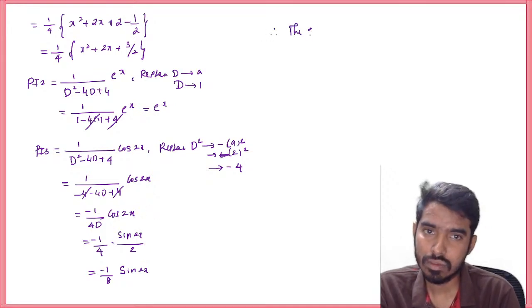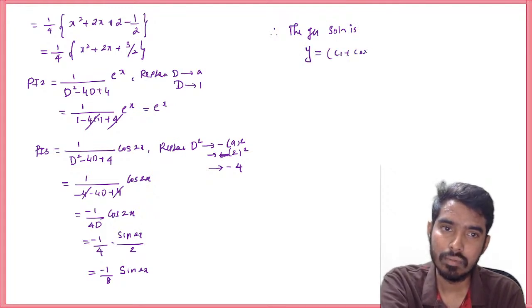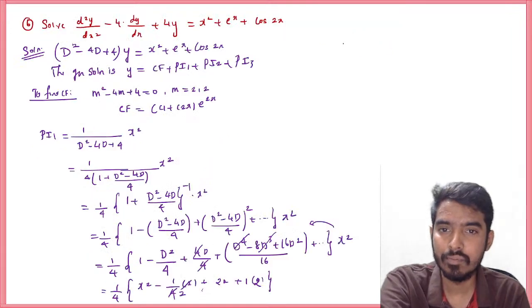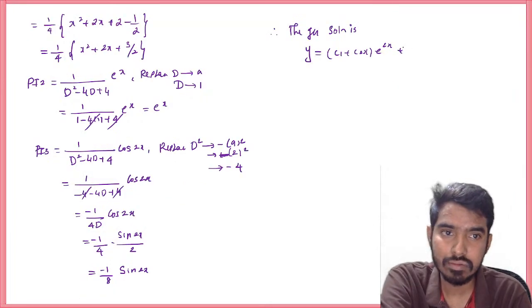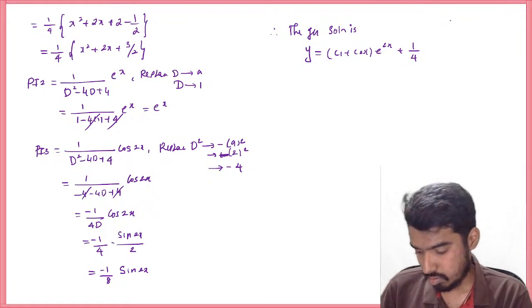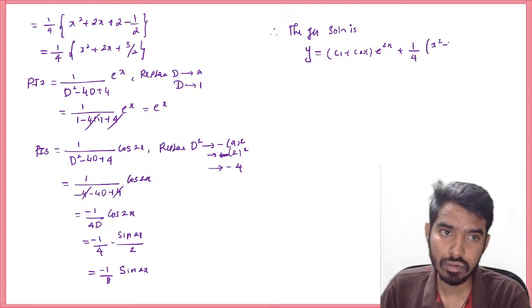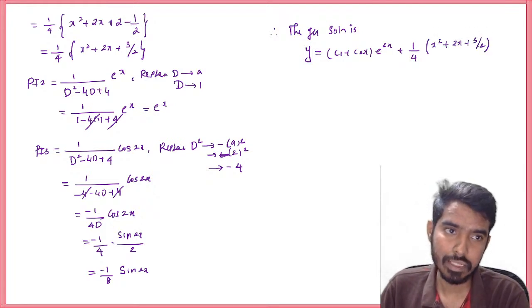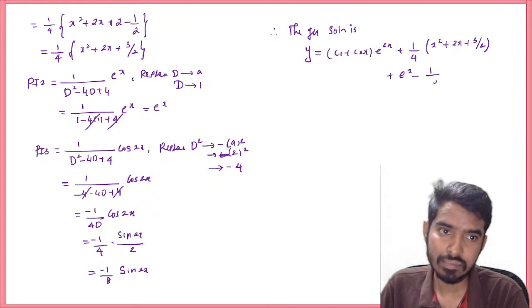Therefore, the general solution is y is equal to the complementary function, which is (c1 plus c2x) e power 2x, and PI1 is 1 by 4 x square plus 2x plus 3 by 2, plus PI2 is e power x, minus PI3 is minus 1 by 8 sin 2x.